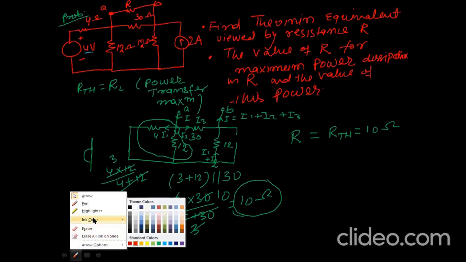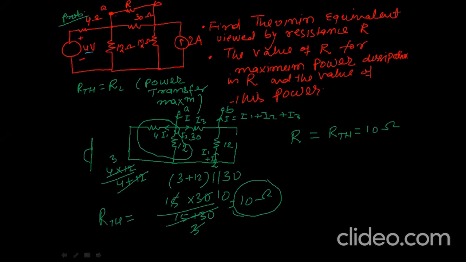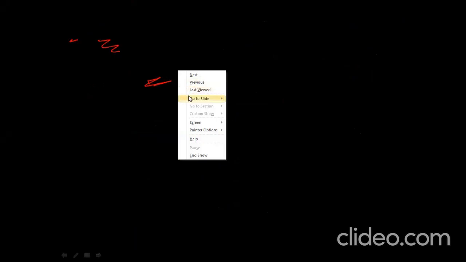Now our task is to find the voltage across the open terminals A and B. So let us draw the equivalent circuit to find the voltage across the terminals A and B. I am going to draw the circuit, and the circuit is like this.